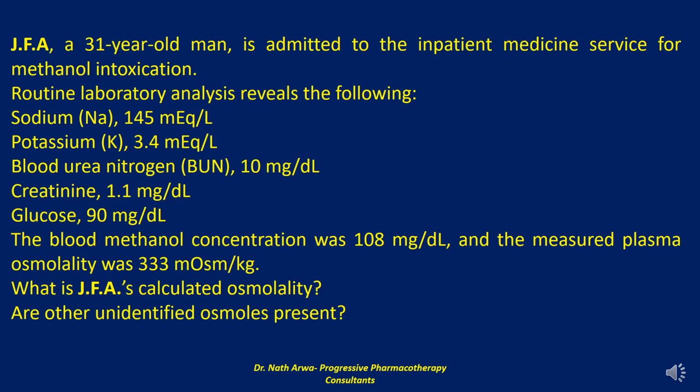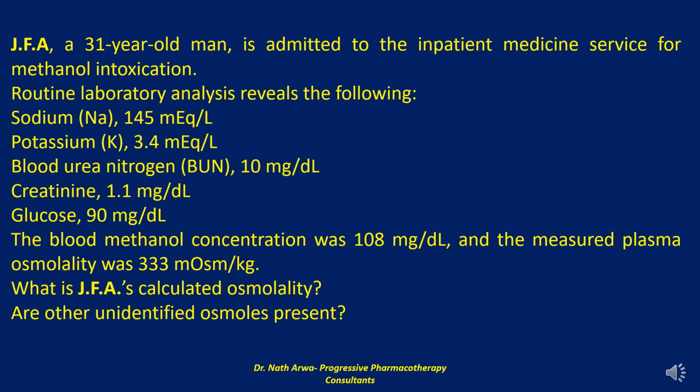The first case reads, JFA, a 31-year-old man, is admitted to the inpatient medicine service for methanol intoxication. Routine laboratory analysis reveals the following: sodium levels of 145 milliequivalents per liter, potassium levels of 3.4 milliequivalents per liter, a blood urea nitrogen of 10 mg per deciliter, a creatinine of 1.1 mg per deciliter, and glucose levels of 90 mg per deciliter.